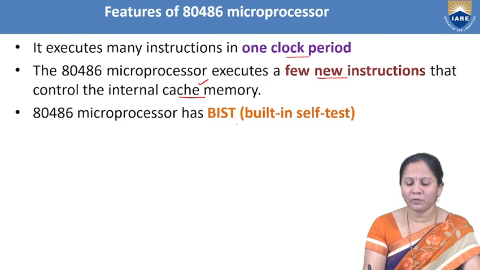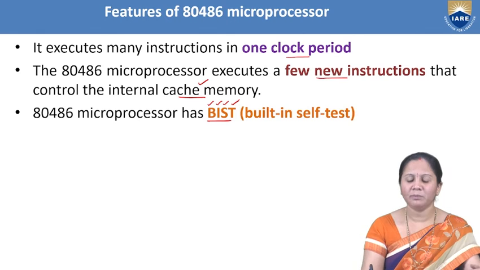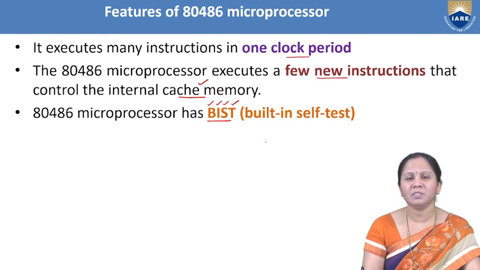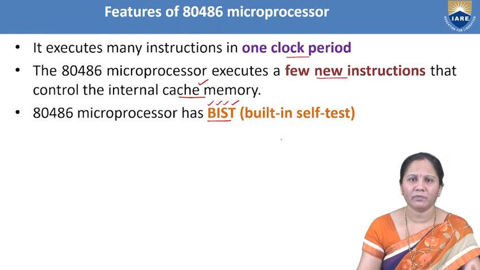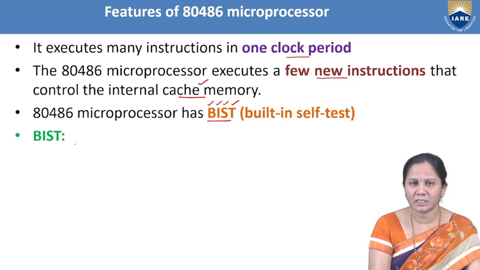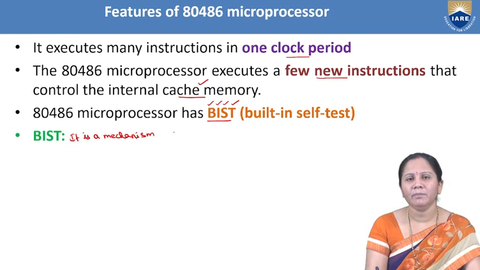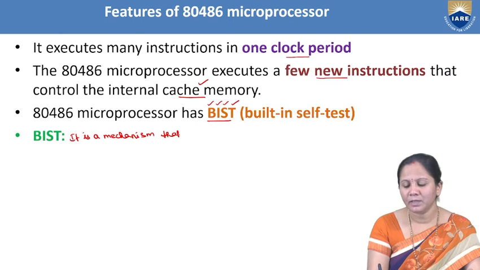And the 80486 microprocessor has BIST. BIST stands for built-in self-test. That means the machine tests itself. BIST is a mechanism that permits the machine to test itself.